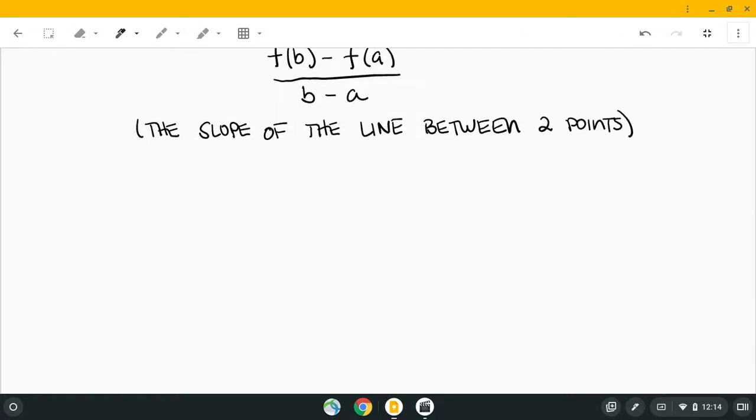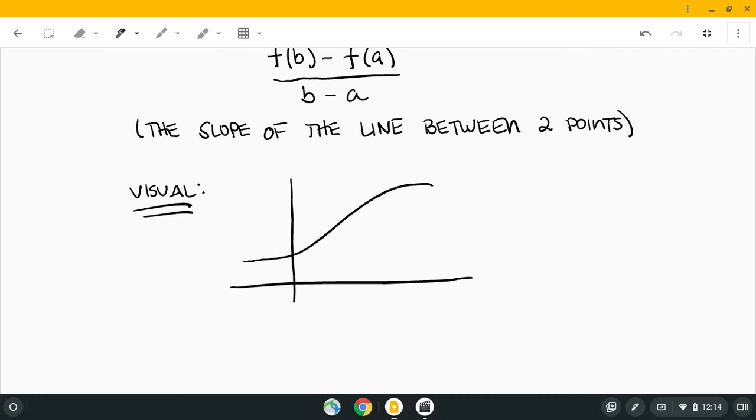What does this look like on a graph? We know what slope looks like in terms of a line, but suppose we have some sort of different curve that looks like this. And suppose we have a point here at this x value, we'll call it A. And we have this other point on this curve at some x value, I'll call it B, right?